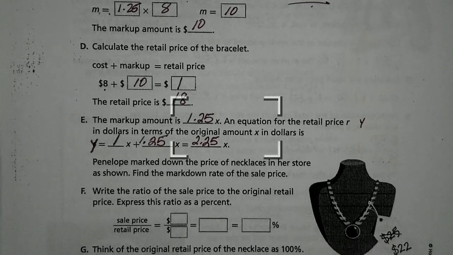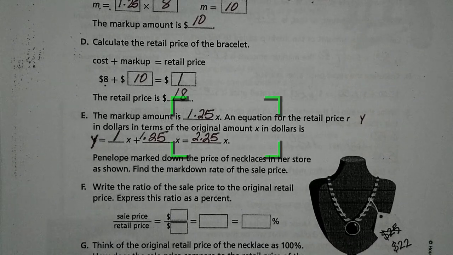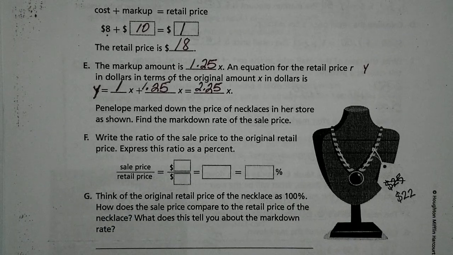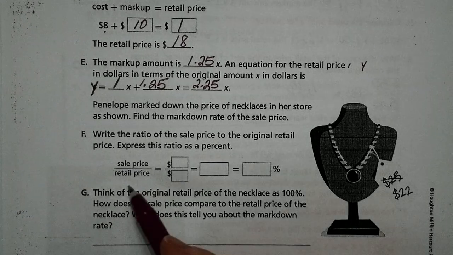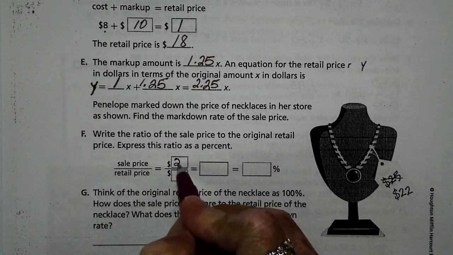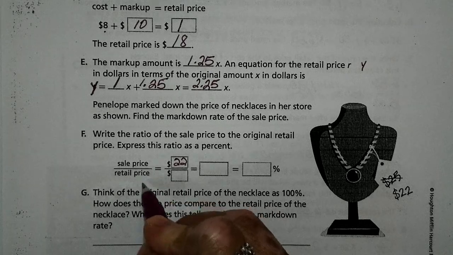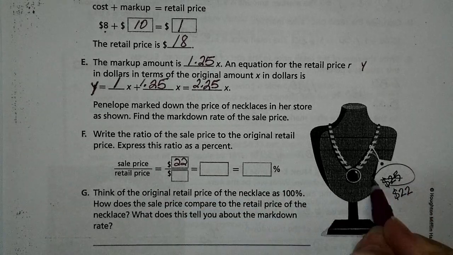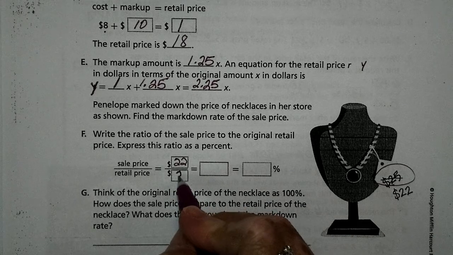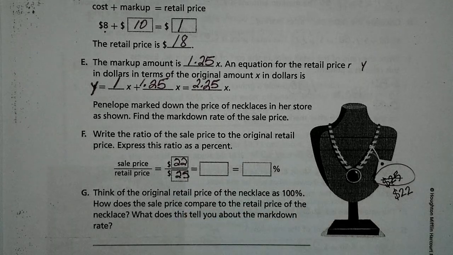Okay? So now she's going to have a sale. It says, Penelope marked down the price of necklaces in her store as shown. Find the markdown rate of the sale price. Which is 22. That's marked down. Yep. So that would be here, right? Because that's the sale price. What was the retail price? 25, yep.